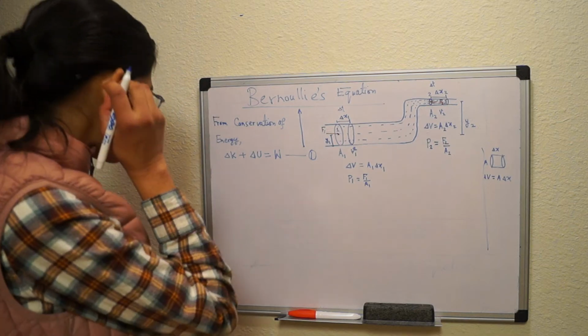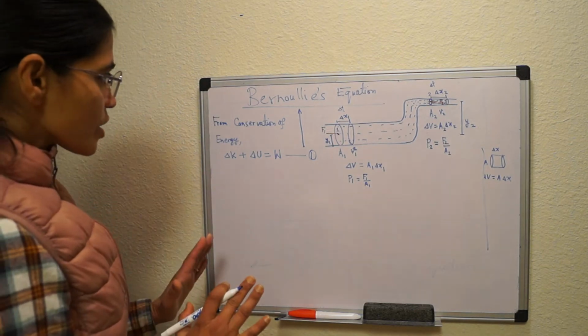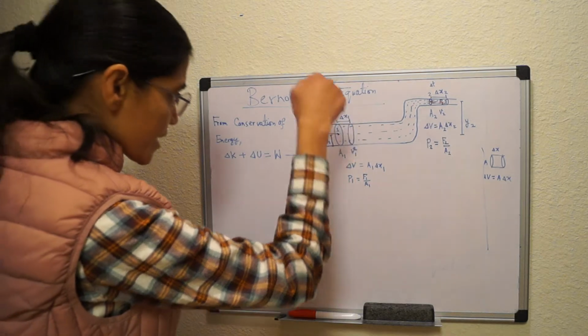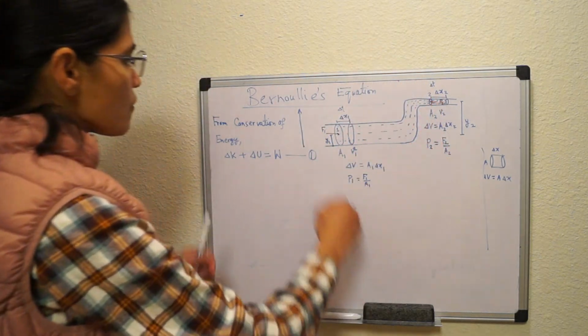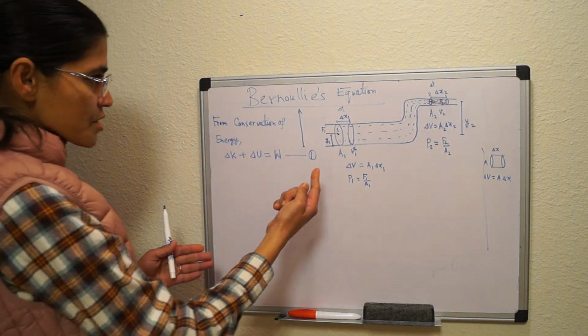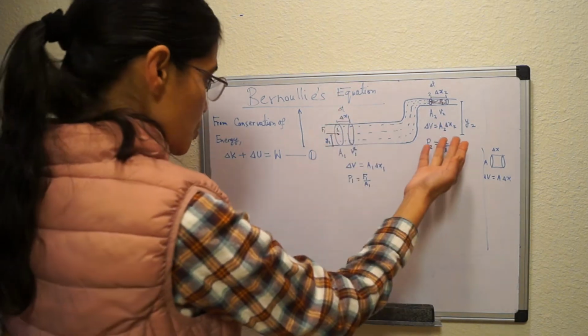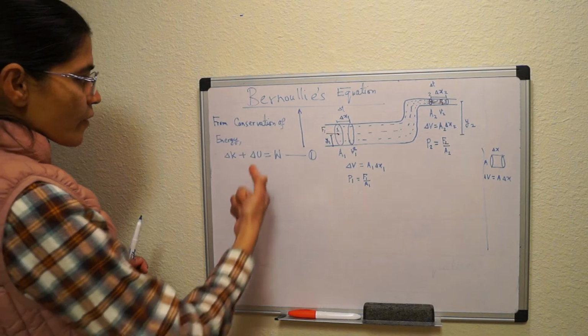Alright guys, so now our job is this. Find the kinetic energy at point 1, find the kinetic energy at point 2, find the change in the kinetic energy between point 1 and 2, and then do the same thing for potential energy.